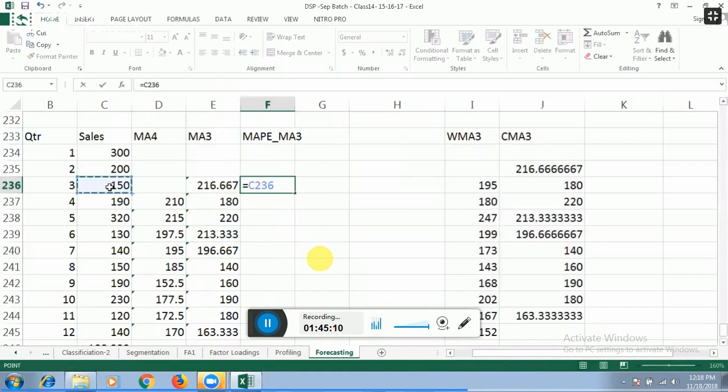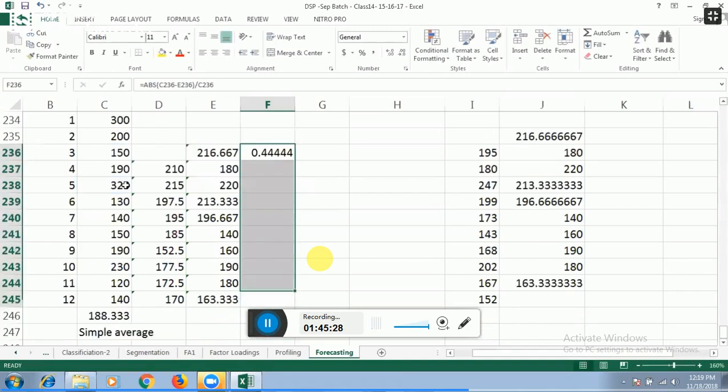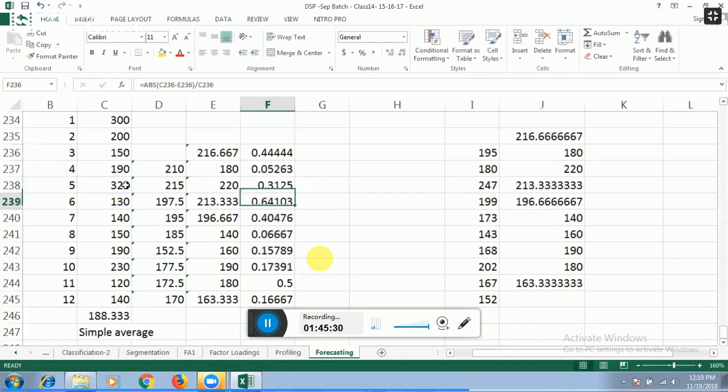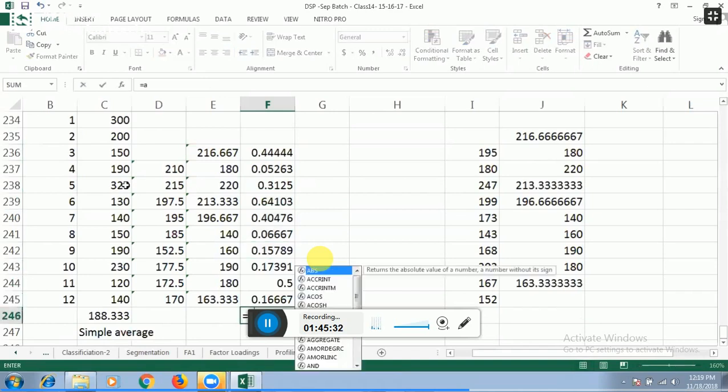This is my forecast, take the absolute difference from the actual, divide by the actual to get a percentage, and take the average of this.